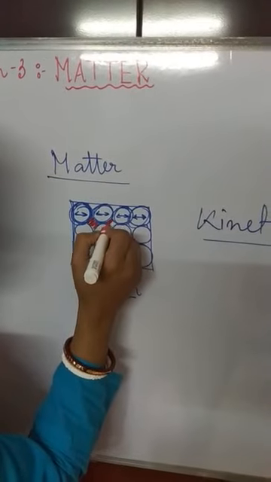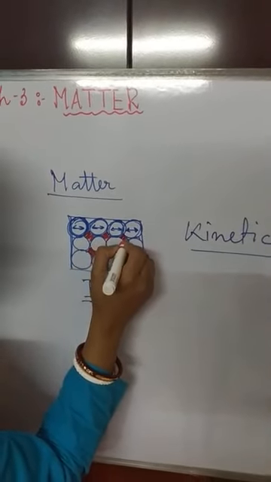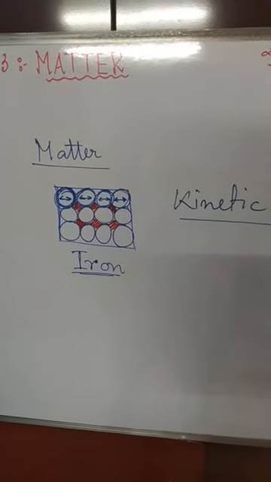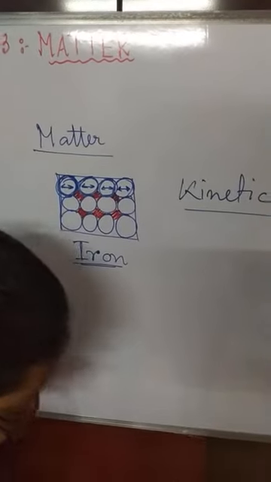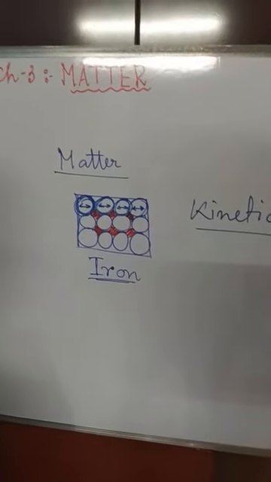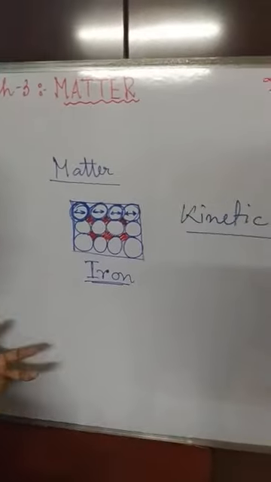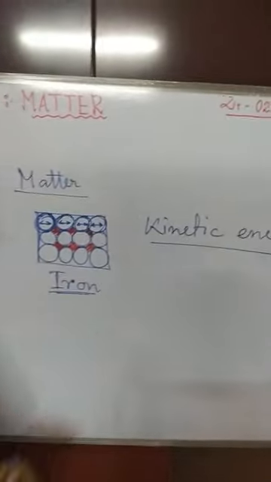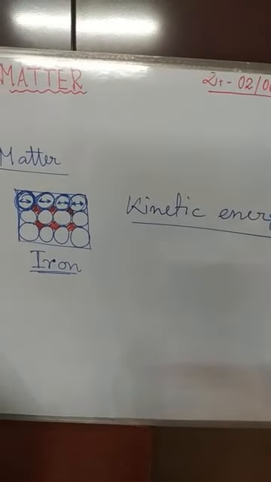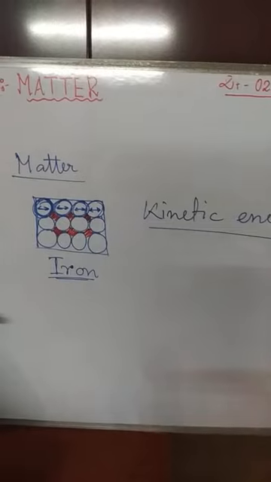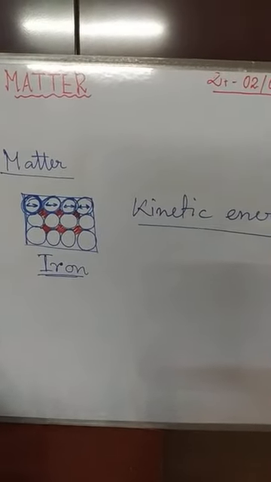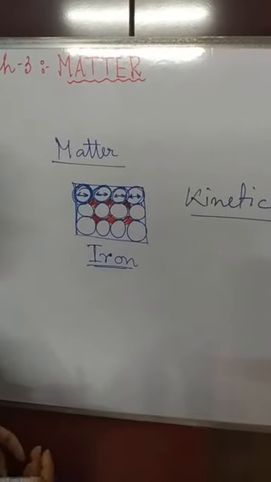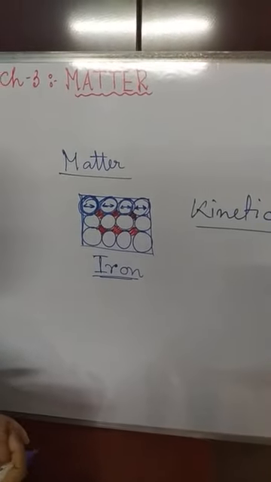In between the particles a gap is there, that's why these are called interparticular space or intermolecular space. Now this space is different for different kinds of matter. In solids we will see the gaps between the particles are very less, because the solids are closely packed. But for liquids and gases, accordingly the space will increase, because they are less closely packed.